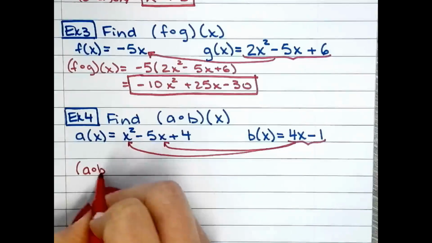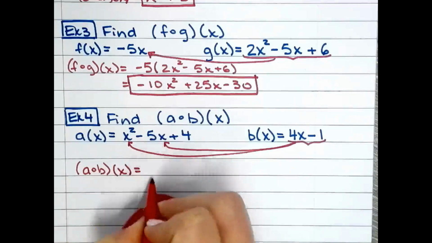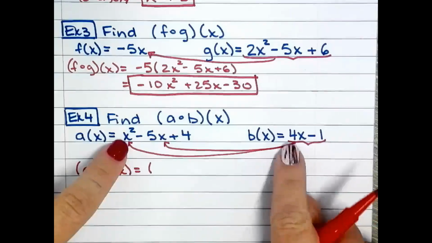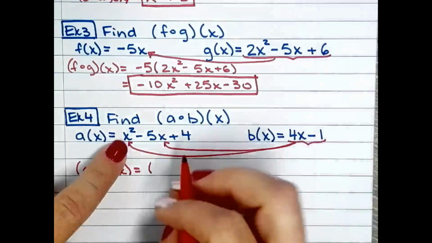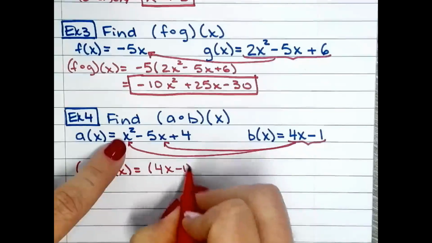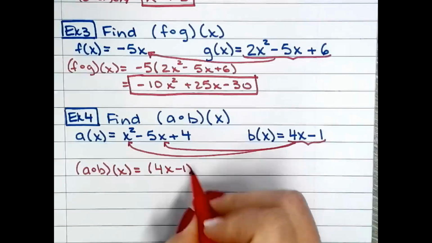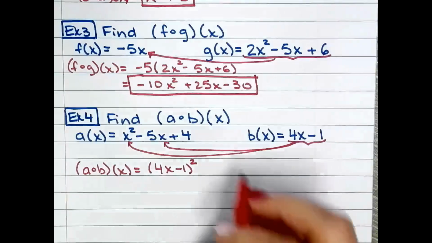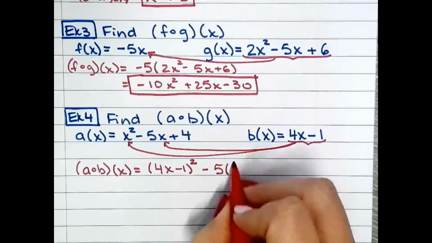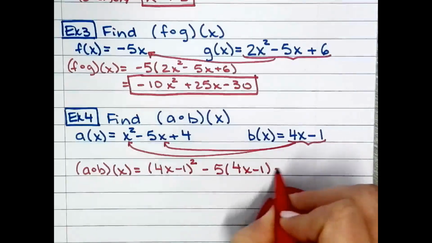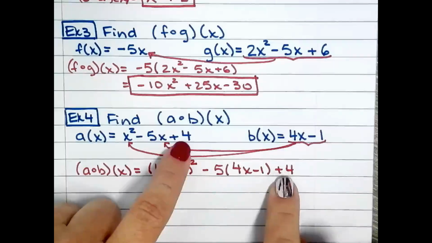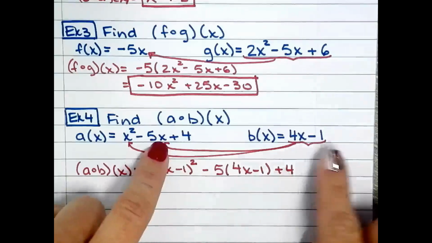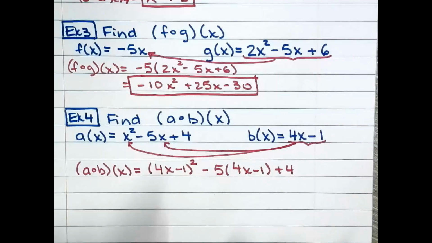So a compose b of x. So x is now 4x minus 1. So it's the whole thing. But x was squared, so square it. Minus 5 times 4x minus 1, and then plus 4.